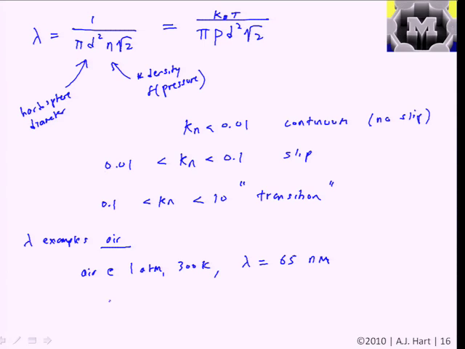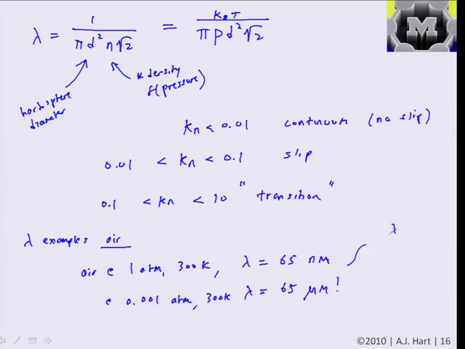However, if we say we're at 0.001 atmosphere and 300 K, so something that would be considered a very, very light vacuum in the context of processing materials, then lambda is bigger by a factor of 1,000, 65 microns.